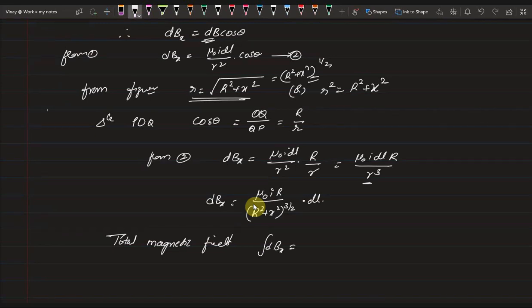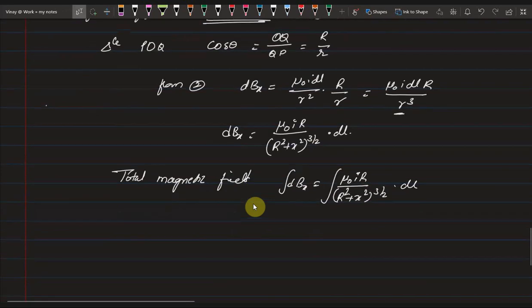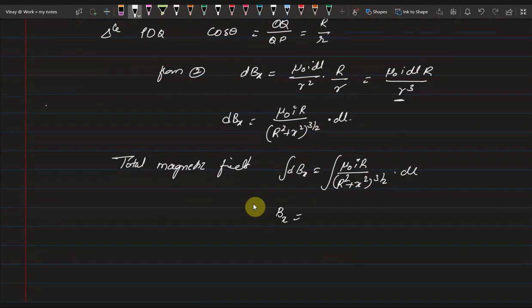Integration of dBx is equal to integration of mu naught I R by R square plus x square whole to the power of 3 by 2 into dl. Integration of dBx is taken as Bx.